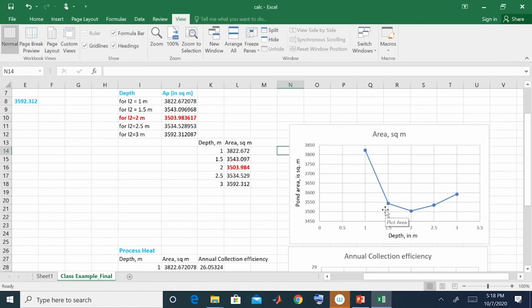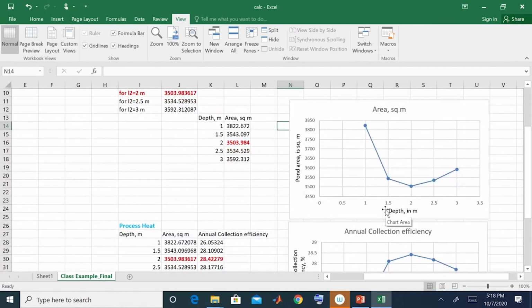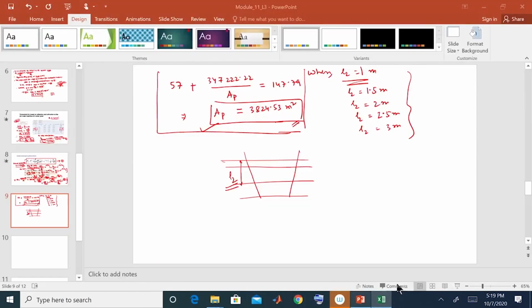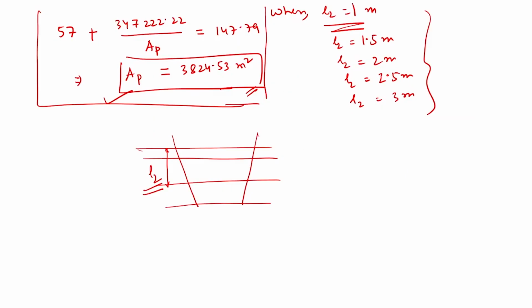Okay, and also sometimes if we are interested in process heat application, then we can calculate the collection efficiency, which is the annual collection efficiency, right. So depth we have, and then area we know, and then we can calculate annual collection efficiency. So I can write here how this annual collection efficiency can be expressed.